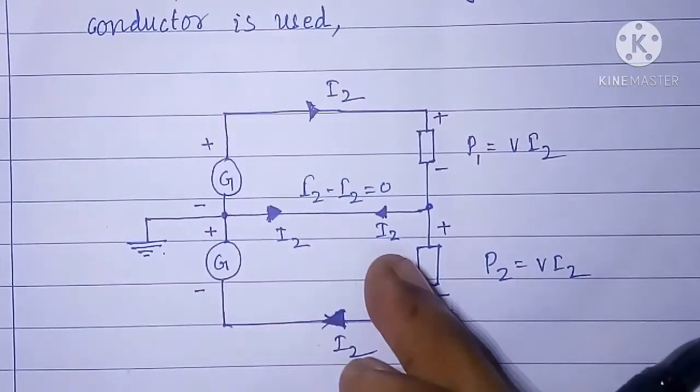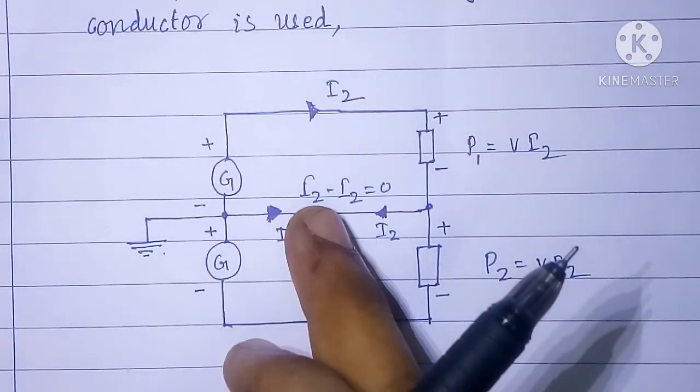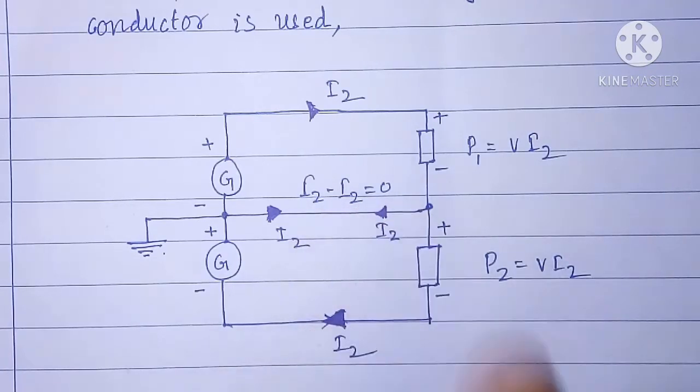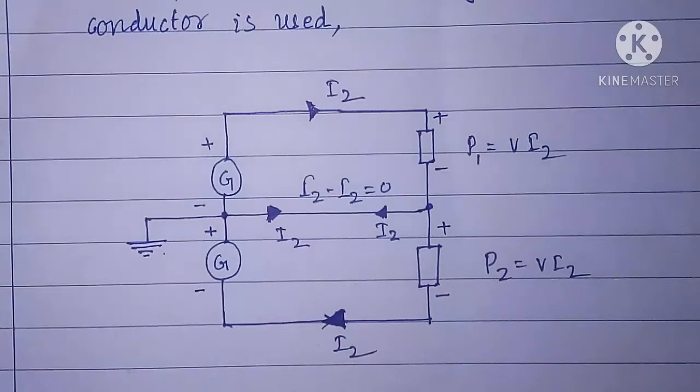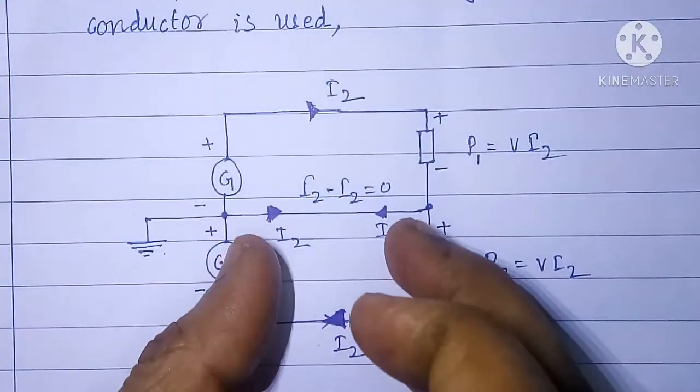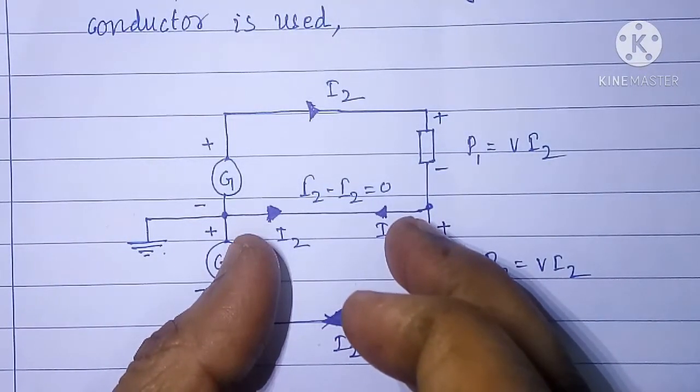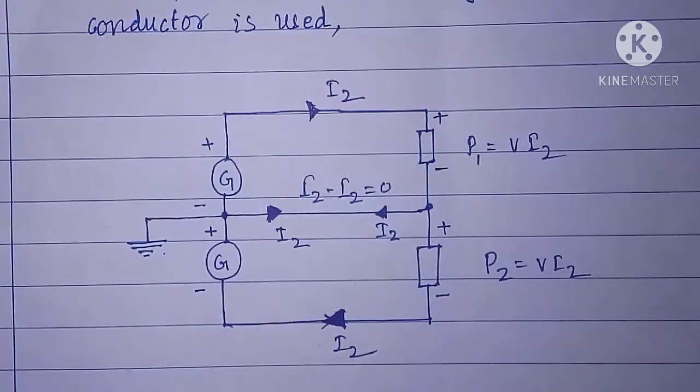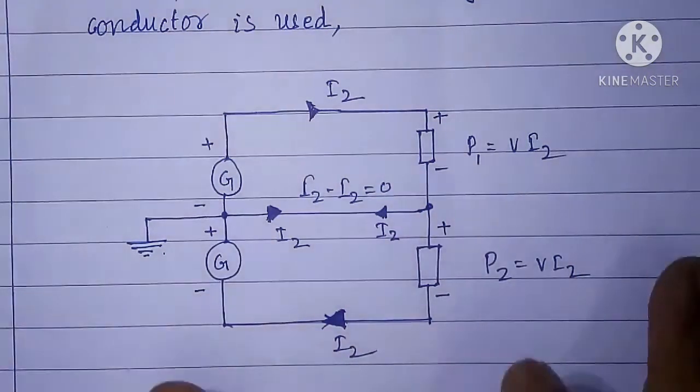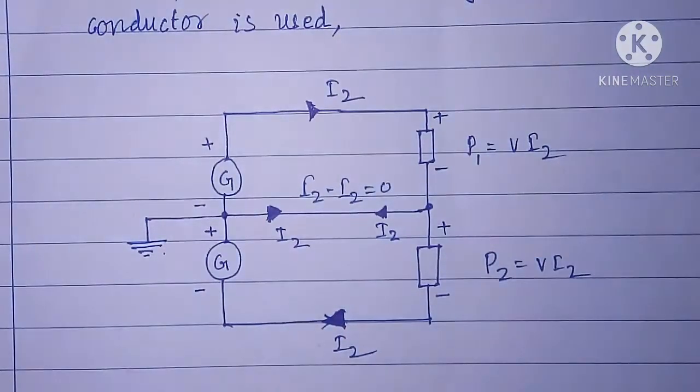For the balanced load, the current here in this conductor will be I2 minus I2, and that will be equal to 0, which means that loss in this return conductor will be equal to 0. So now the situation changes.